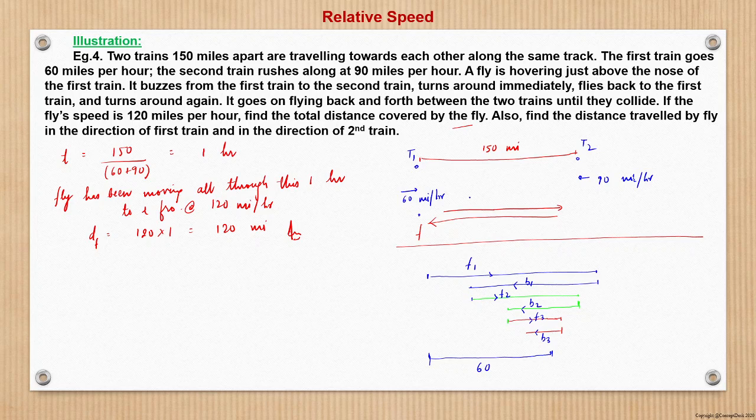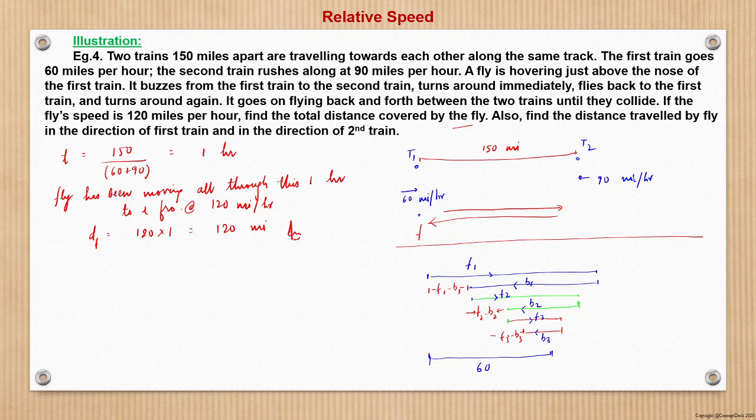Now the first gap here is nothing but F1 minus B1, right? Similarly, the second gap is F2 minus B2. Then the third gap is F3 minus B3.